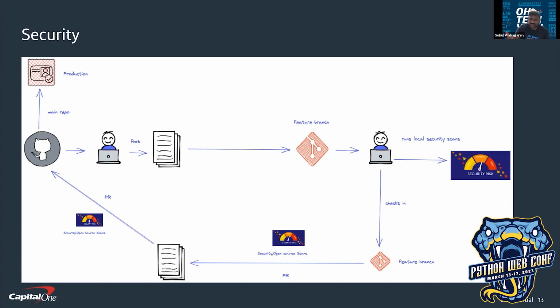Once we clear all the things on their local machine, then we get into the feature branch, and we have enabled our pipeline also to do similar scans in various stages. Once it gets to the feature branch, the similar scans happen in the cloud in our pipeline, before it gets to the staging, pre-prod kind of environment, the same scans are done.